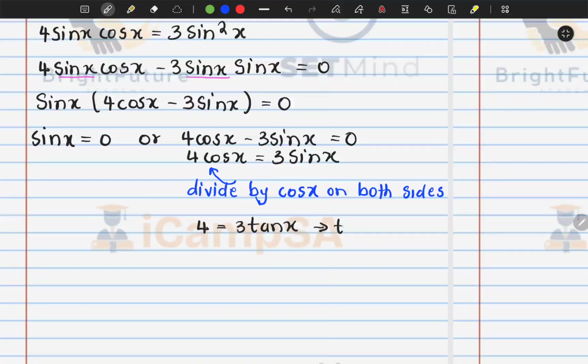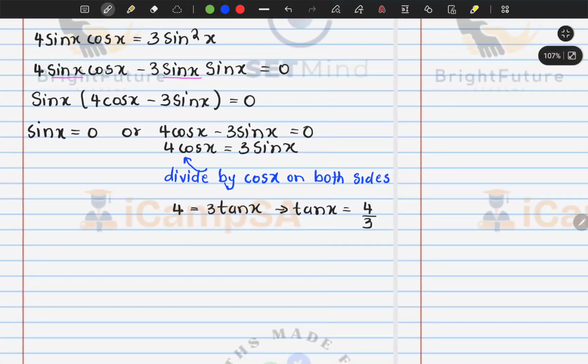And then tan of x equals 4 over 3. So we now have two solutions. We have sine x equals 0, or we have tan x equals 4 over 3.